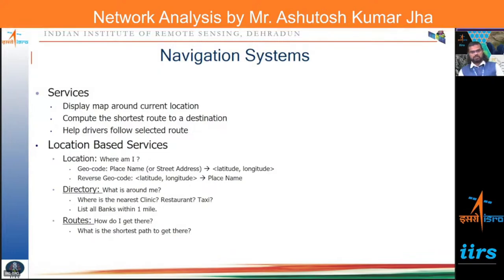This kind of service is called a directory-based search. It gives you a search based on your network data sets, finds the distance of all these services, and the corresponding places are highlighted or displayed.